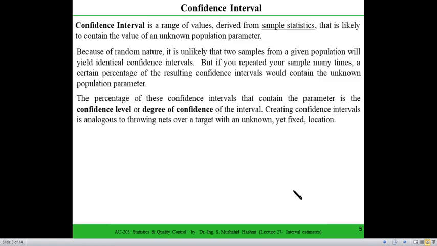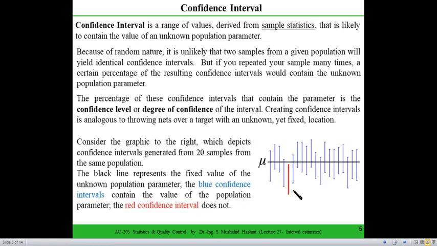Creating a confidence interval is just like throwing a net over a mean value or target value. All these confidence intervals are random variables themselves, because the lower and upper limits for each sample could be any value. So the location and variance are random in nature.